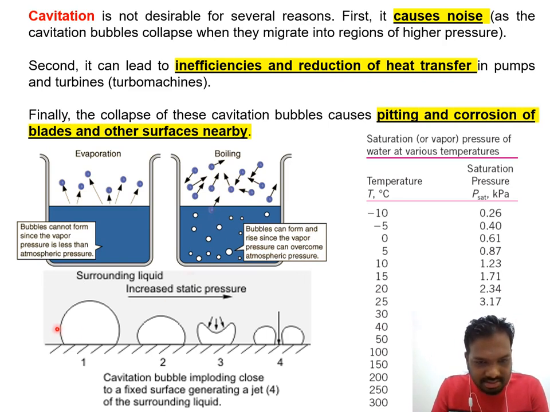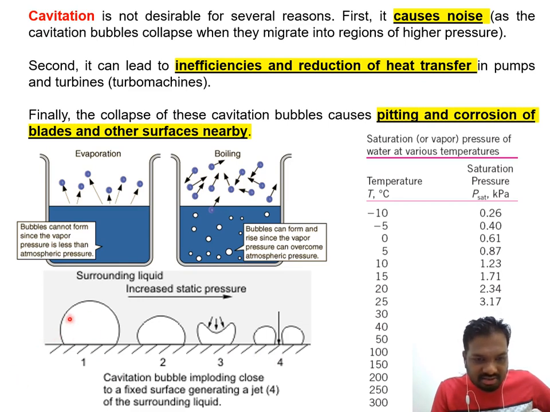You can see here a cavitation bubble imploding close to a fixed surface, generating a jet, number 4, of the surrounding liquid. You have a surrounding liquid here, and you have bubble 1, 2, 3, 4.